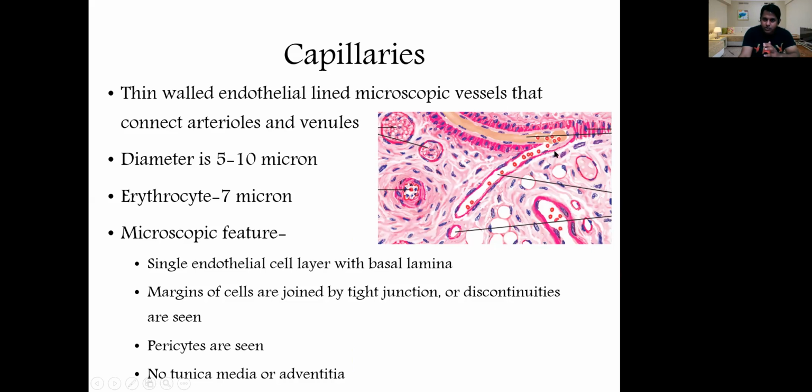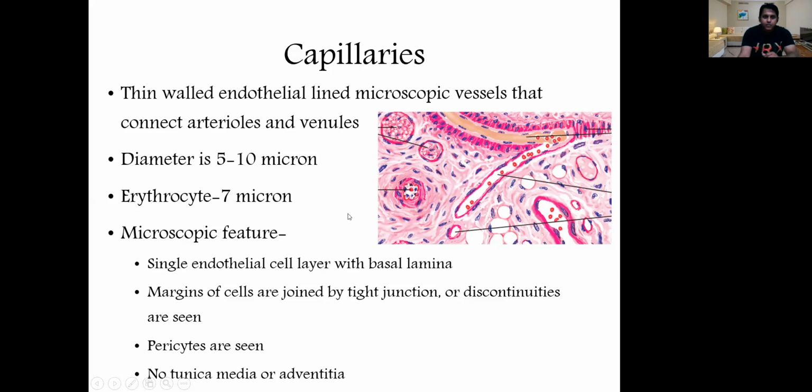There is no muscular coat surrounding it. So this is the capillary, and you can see the RBCs forming a single line right here. And here you can see the endothelium and the smooth muscle cells surrounding them, so this could be the arteriole. Yes, and you can see the blood cells within them.